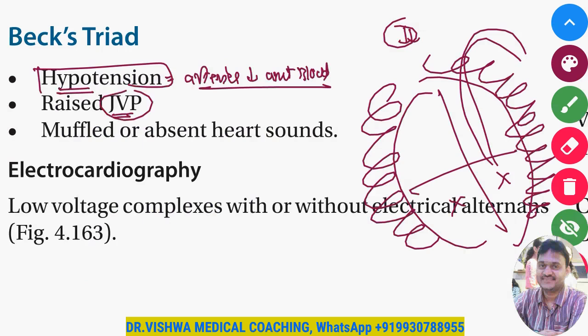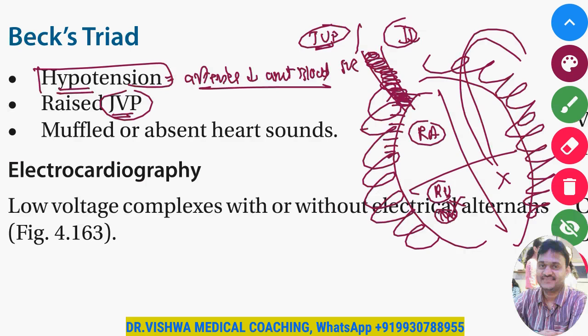Raised JVP. Why do we get raised JVP? Because the right ventricle is not filling, the right atrium is also not filling, but pressure is coming from the outside. So blood will get accumulated in the superior vena cava, and that will lead to raised JVP.